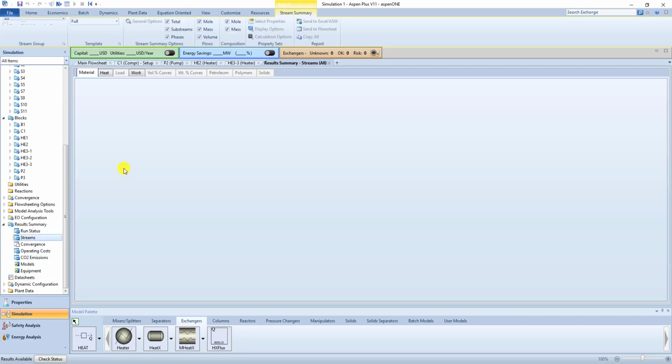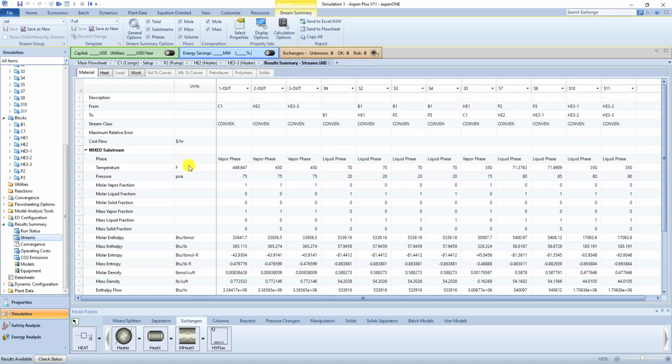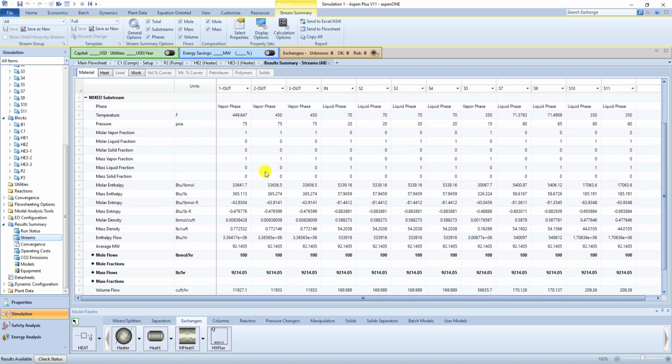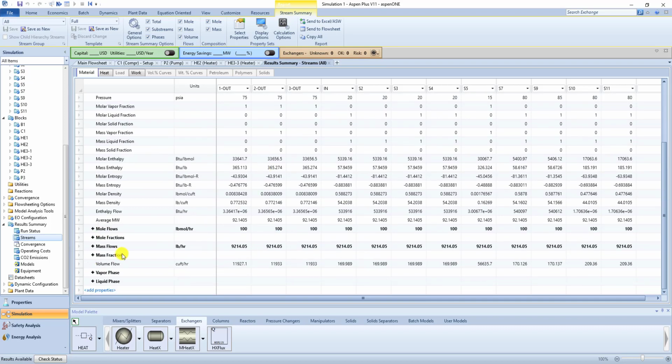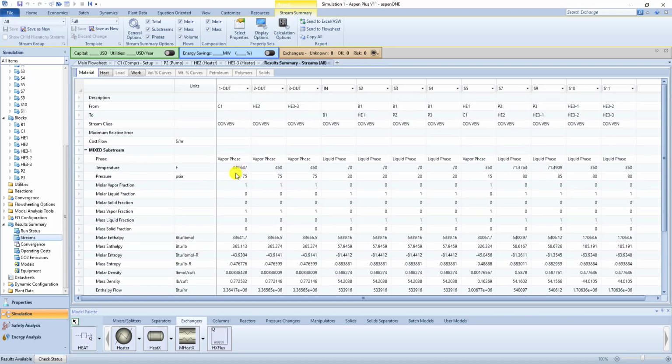We can click on our streams and see what has happened for our materials. So 1 out, 2 out, and 3 out, you can see that we do in fact get 450, or they're close enough, 450 Fahrenheit, 75 PSIA for all 3 cases. And if we care about all the other flows and everything, we can take a look down here. But again, we're only concerned with our temperature and pressure out.